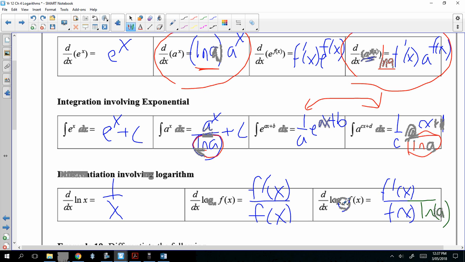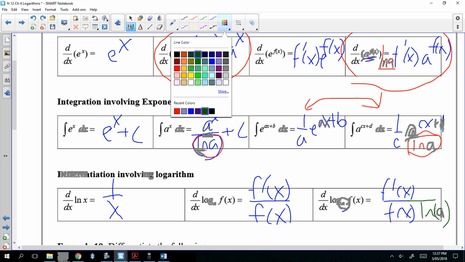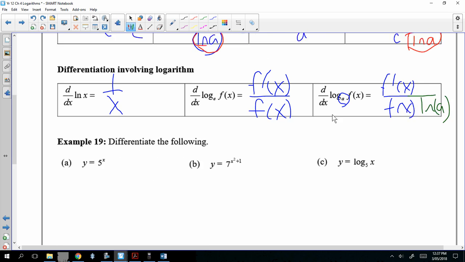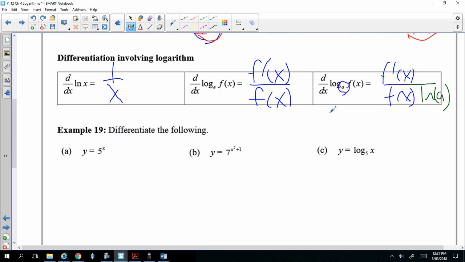Okay, let's do the first one. You can either use the method we showed before, I just use the formula. So maybe easier if you use the formula, just go y', 5 to the power x is 5 to the power x again, but you just times by ln 5 plus c, like that.